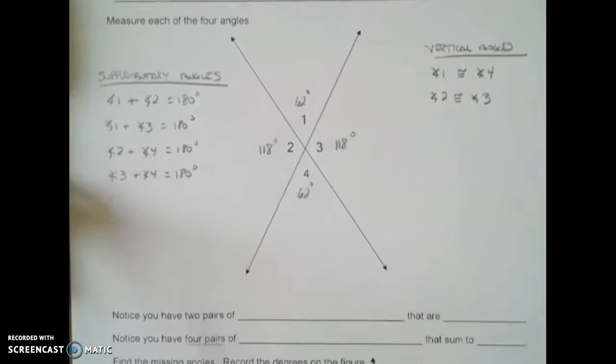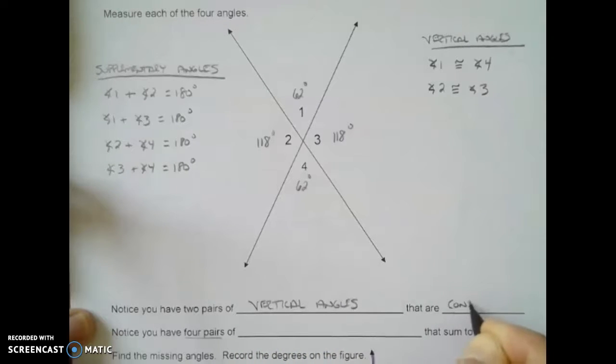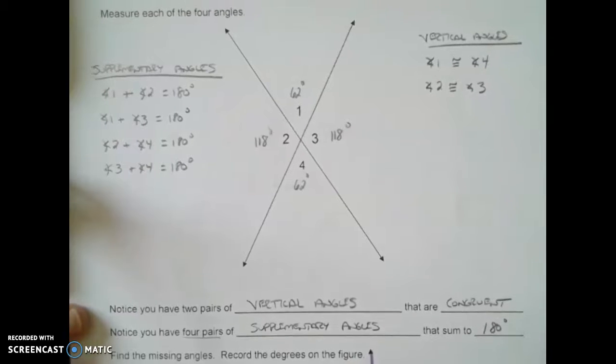So in our picture, notice that you have two pairs of vertical angles, and vertical angles are congruent, meaning that they're the same measurement. But we also have four pairs of supplementary angles, and supplementary angles have a sum of 180 degrees because they form straight angles.